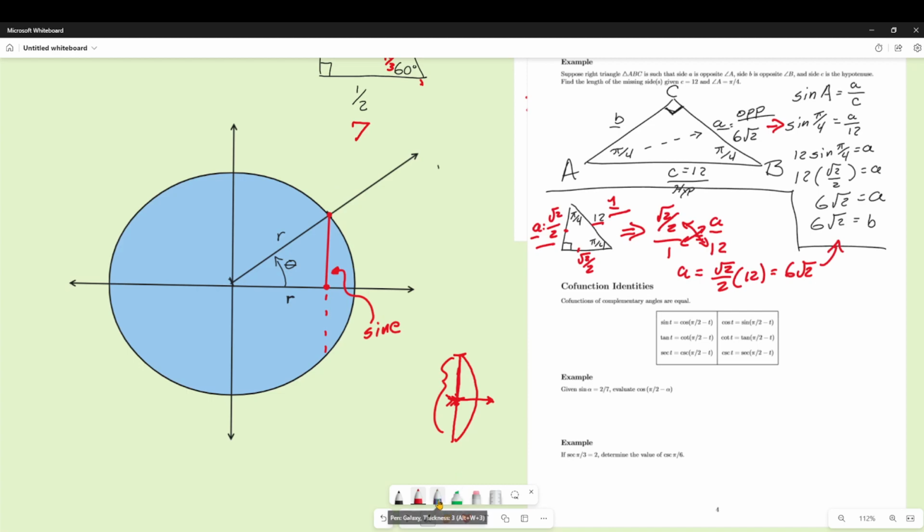Another length that we might care about reasonably is this length. That length, as it comes off this circle, is a line that is tangent.